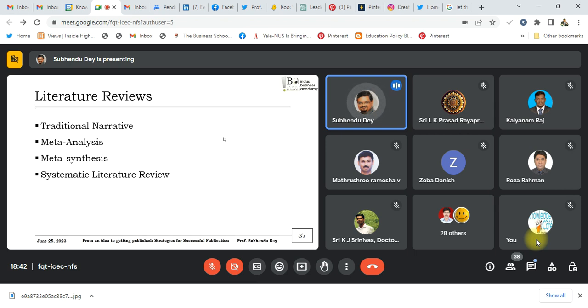They can be reproduced, and you're not using any kind of assumption which can bias your opinion. So therefore, systematic literature review is always much better and much preferred than the traditional narrative form.